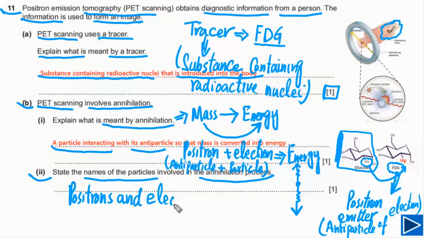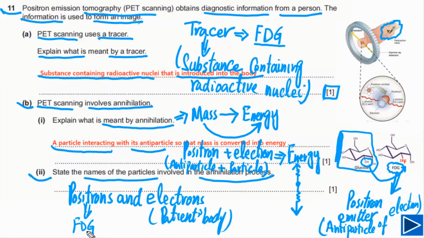Positrons come from the FDG, and electrons are in the patient's body. That's all we need to write for the second part. These are the particles involved in the annihilation process, and this question has just 1 mark.